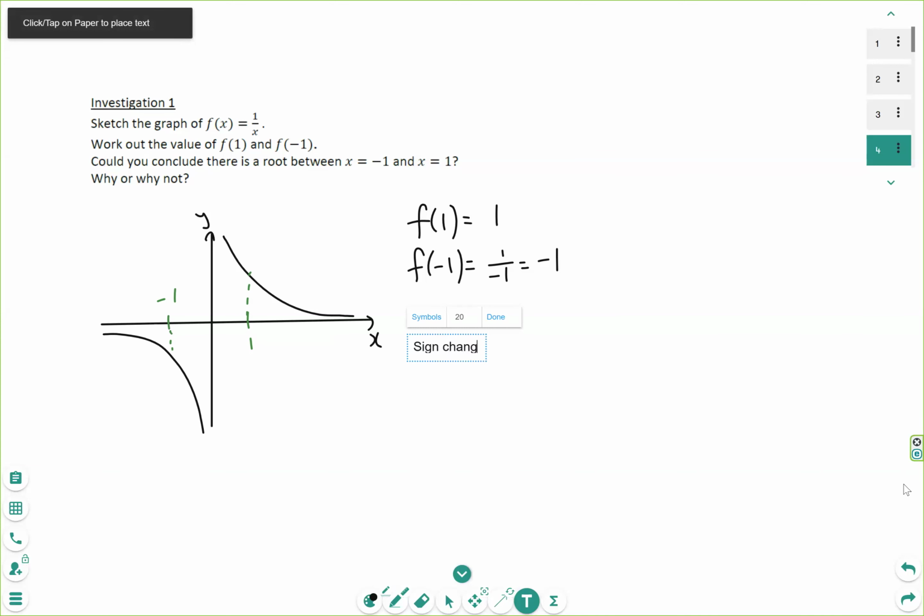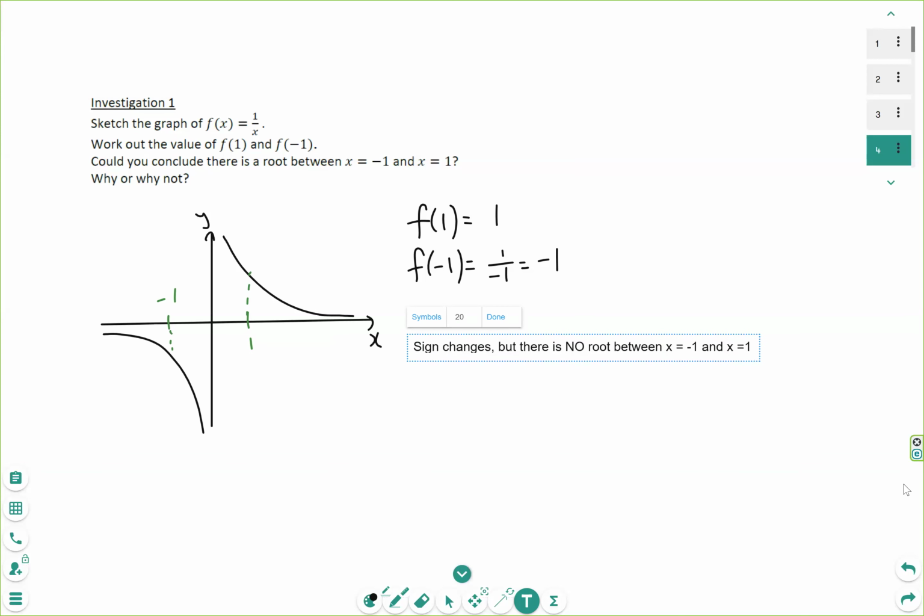Sign changes, but there is no root between x equals minus 1 and x equals 1, because there is an asymptote at x equals 0.